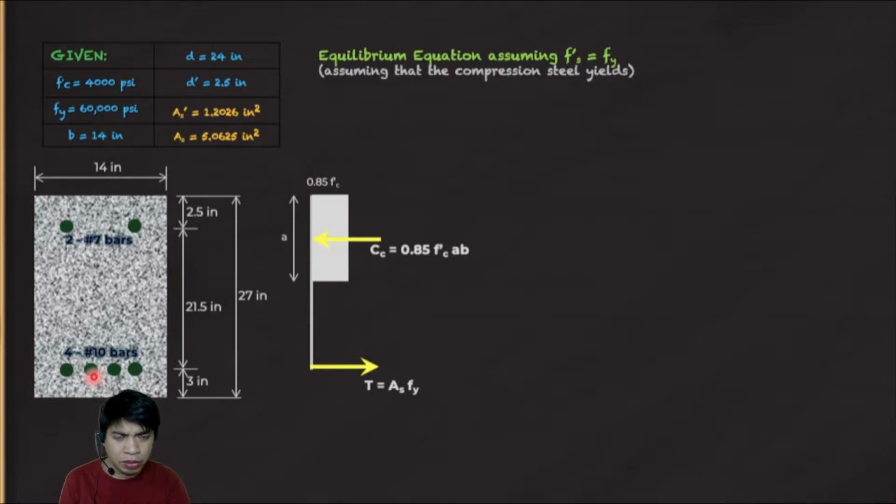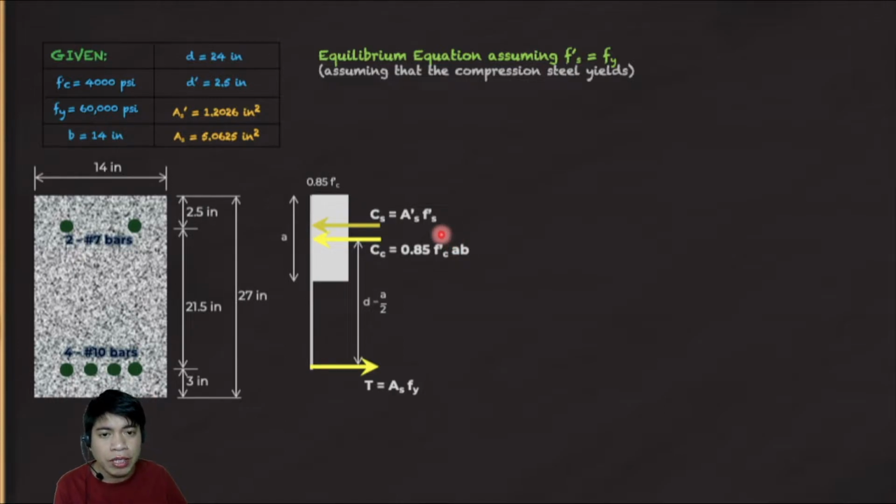The compression concrete force will act at the centroid of our concrete compression area, so this will act halfway of a. In other words, this distance will be d minus a over 2. Then we also have the force from our compression bars. This is our compression steel force, which is equal to A s prime multiplied by F sub s prime.